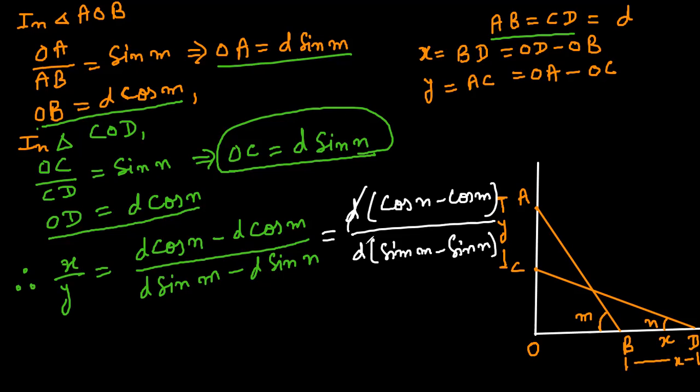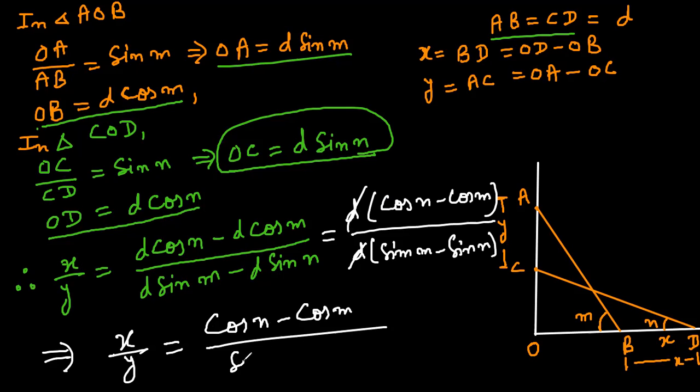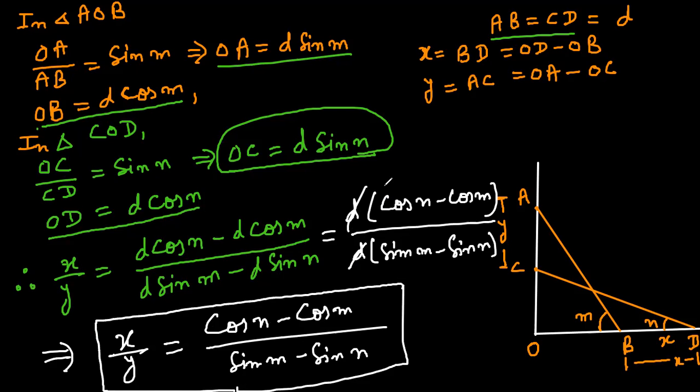This d and d get cancelled, so we get x over y. This implies x over y is the same as cos of n minus cos of m divided by sine of m minus sine of n. Hence proved. So this is what you were asked to prove.